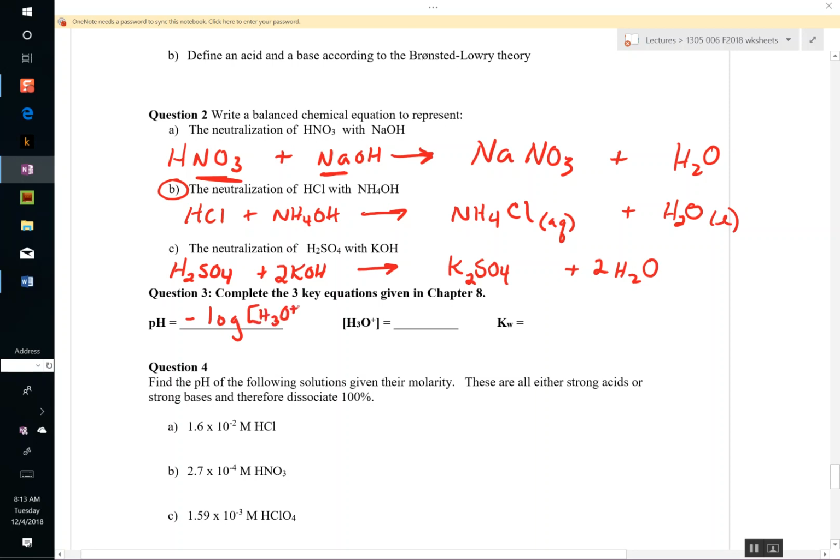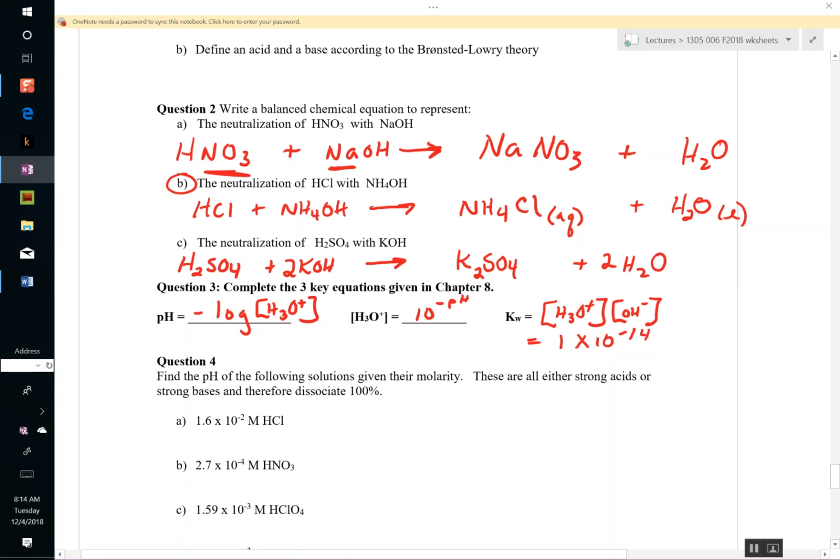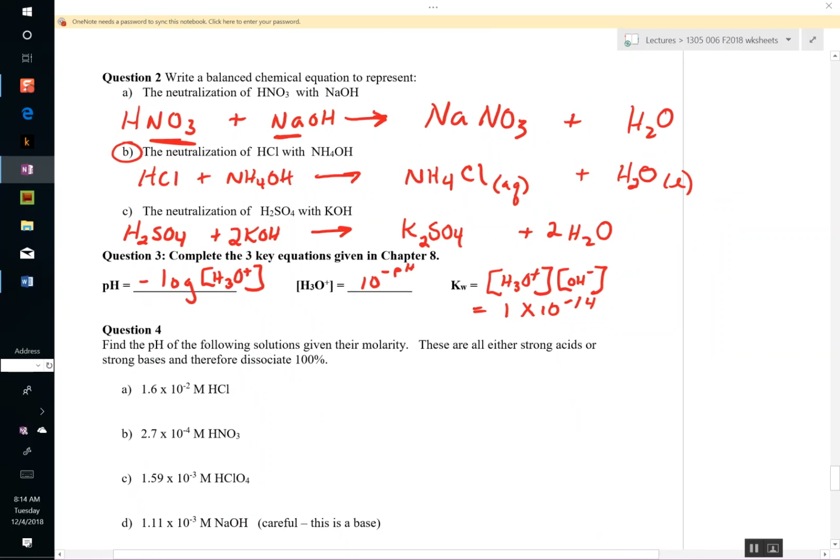These are just the standard equations. These are the three equations. I'm trying to write a 14 there. All right. You all right with all that?